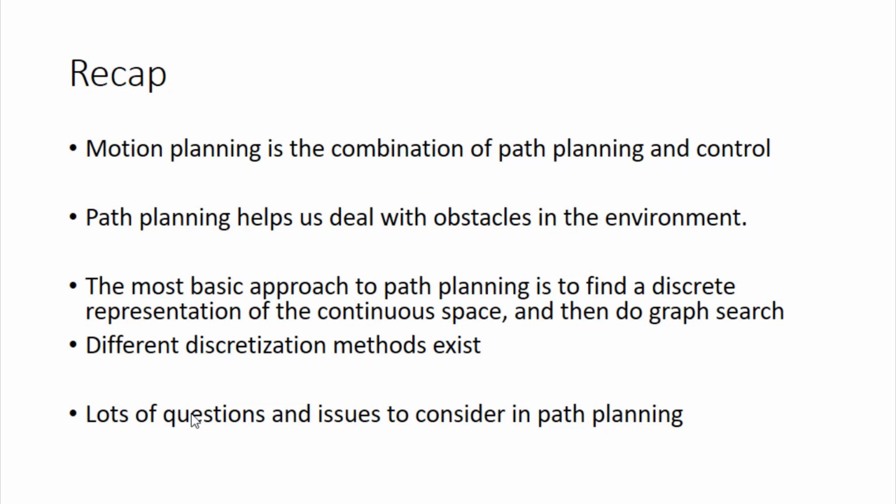Again, there are many different ways to make your space discrete, and we'll talk about some of those going forward. And there are lots of questions and issues to consider in path planning, like dynamic environments, unknown environments, things like that. What we've shown here is the most basic version, and as time goes on, we'll get into more and more complicated path planning problems.